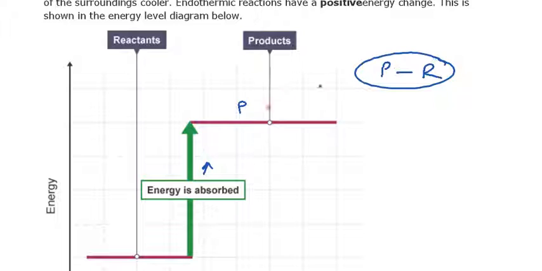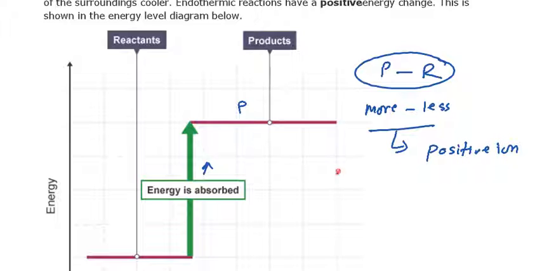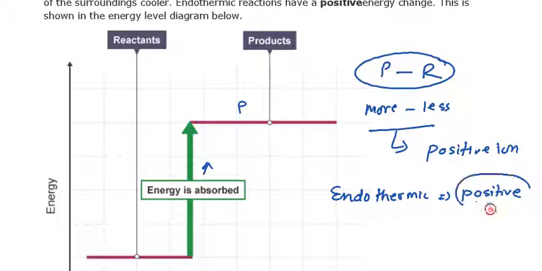Here the product value is more and the reactant value is less, so this value always comes out positive. So for an endothermic reaction, the energy change always gives a positive term, because the energy is consumed, energy is added.